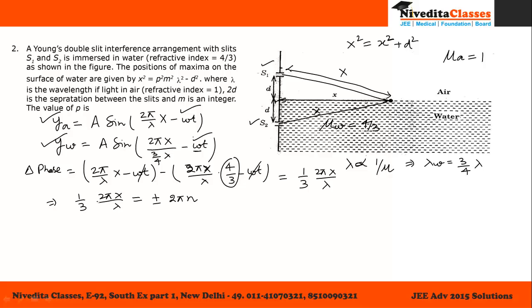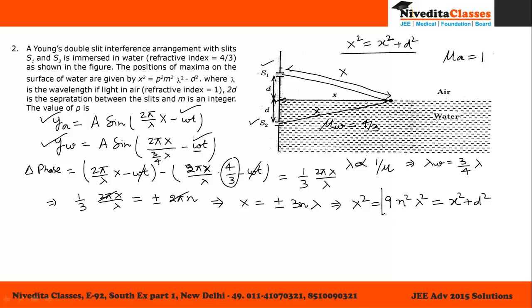Okay, so now cutting this 2 pi from both sides, we will have X as X is equal to plus minus 3n lambda. Okay, and squaring both sides we can say X square is equal to 9 n square lambda square, and if you see this equation, capital X square is equal to small x square plus d square.